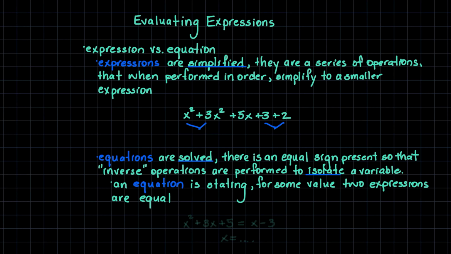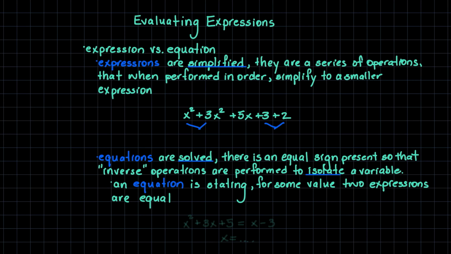Equations are solved. There's an equal sign present, and inverse operations have to be performed to isolate a variable. An equation is basically stating for some value, these two expressions are equal.